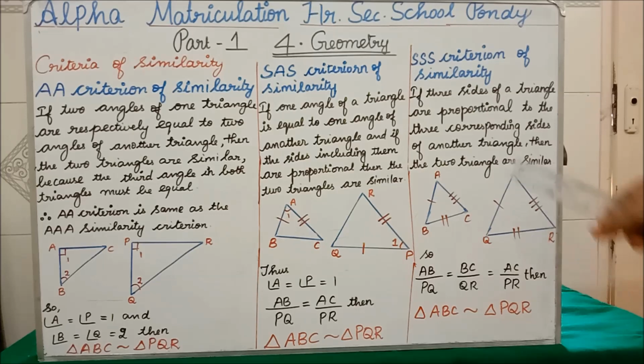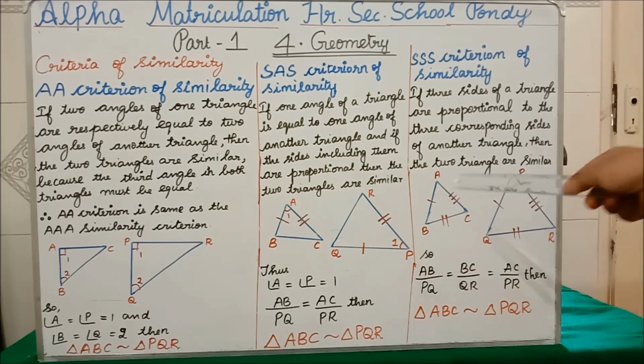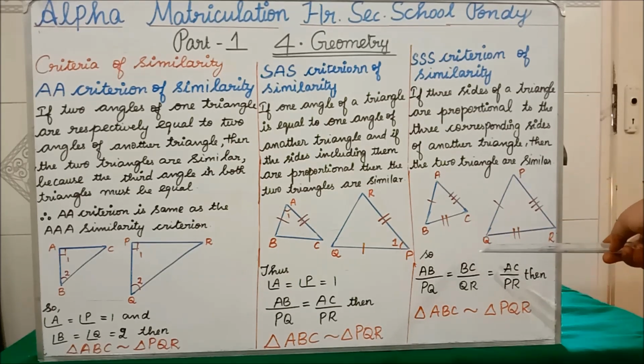Okay, see here where single marking is there, AB, this line. Similarly in this triangle where we are having single marking PQ. So therefore AB, the corresponding side is PQ. So AB divided by PQ we have written. Clear? Where is double marking in this triangle? BC. This side where is double marking? QR. So the BC, the corresponding side is QR.